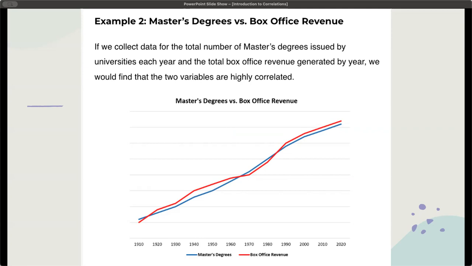Now, the other thing to keep in mind when you are doing correlations is that, in order for correlations to be reliable, you would need to have at least 500 to 1,000 participants, or 500 to 1,000 data points, in order to run the correlation.